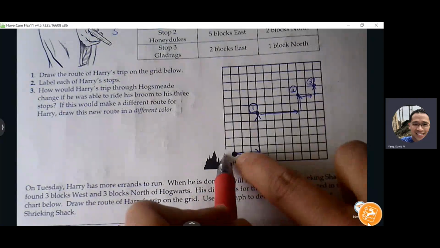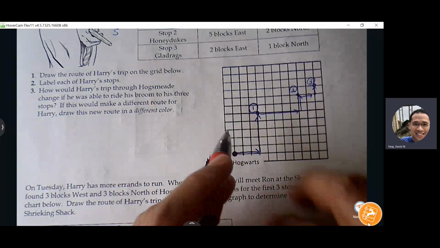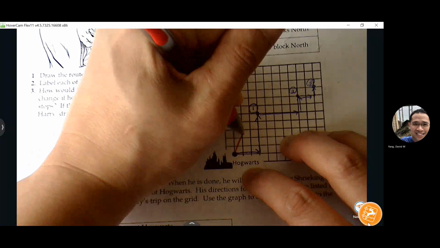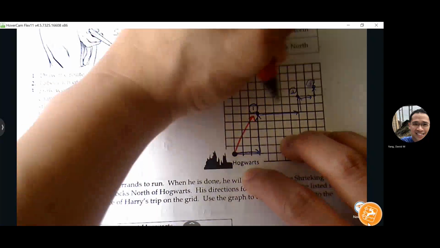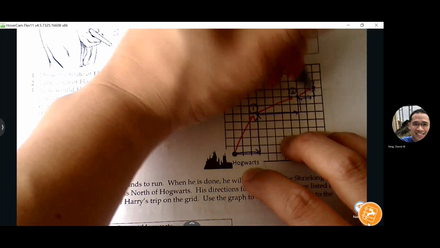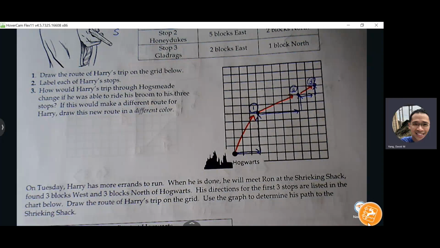Okay, so in red, I'm going to highlight his path if we were able to take the shortest routes. So taking the hypotenuse here. Okay, so the blue would be indicating his path on the ground, and the red would be indicating his path if he were able to travel on his broom.